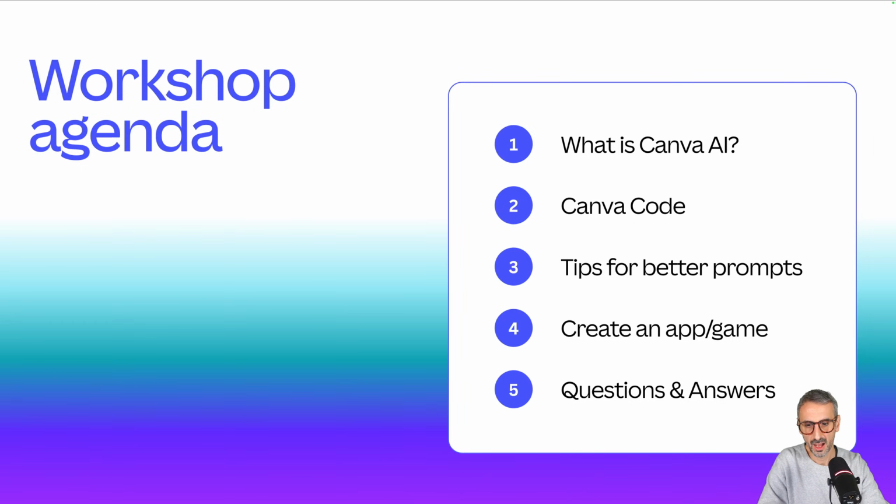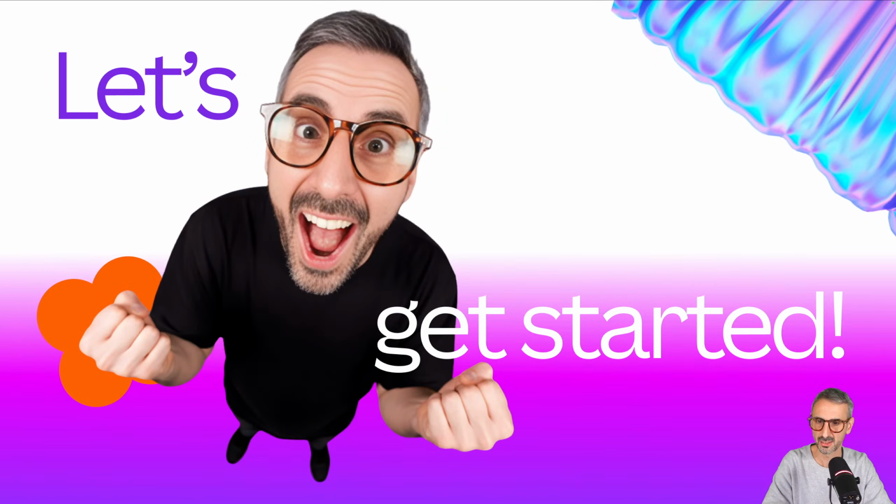Then I will show you a few different ways to create better prompts for Canva Code, because the quality of your prompt is going to be reflected in the quality of the app you are building, or at least your sanity while building it, because it's not always a straight line, like I said already. Then we are going to do 2 live demos to create the app and the game I just showed you, and we'll wrap up with a question and answer session. All right, let's get started.